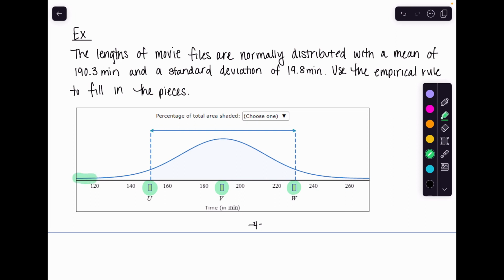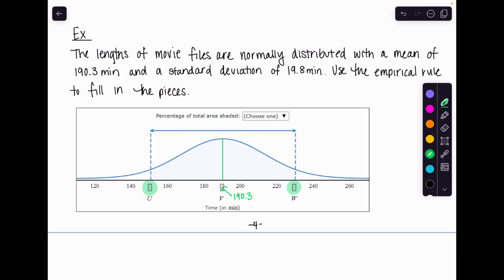So you can see we've got this bell curve going on. And because it's a bell curve, that tells me this number that's directly in the middle should be my mean. And we're also using the scale down here. This number should be something in between 180 and 200. So my mean is going to go right there. The number that we should fill in will be 190.3.